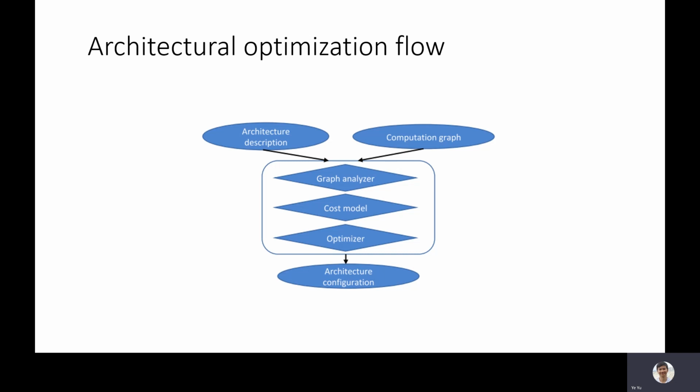It is a directed acyclic graph, DAG, in which a vertex represents a DNN operation and an edge defines data dependency. The computation graph is first analyzed by a graph analyzer to generate a DNN operation string. Then the latency of each operation in the string is estimated using the cost model discussed before.